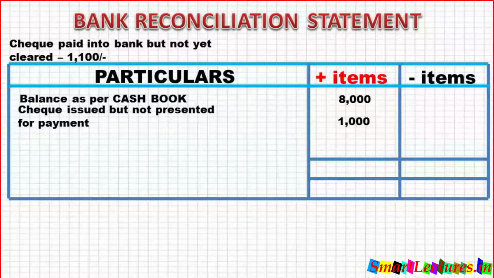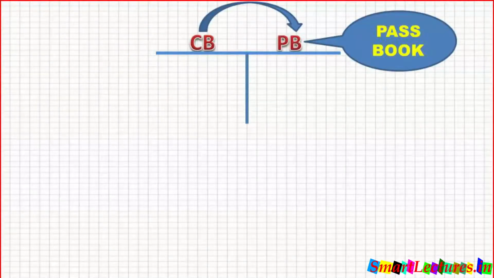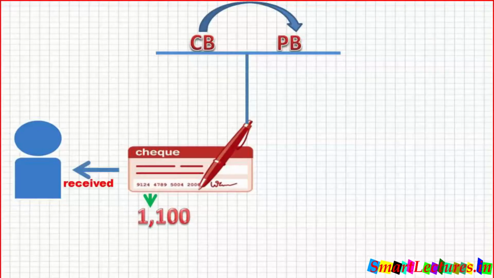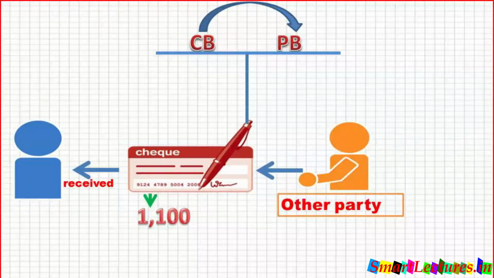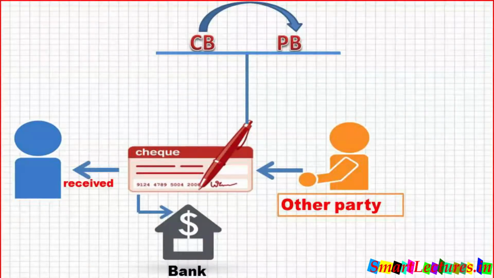We want to know whether this 1100 is a minus item or a plus item. So let's make a small format of a T, cash book on the left hand side and passbook on the right hand side. Let's see what actually happened in this situation. We received a check of 1100. Whenever we receive a check from any party, we immediately put it on the debit side of the cash book, meaning the plus side. We assume that it's going to increase our balance and this check is sent to the bank immediately.